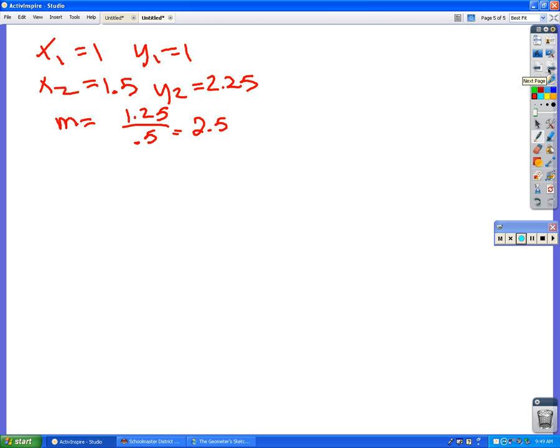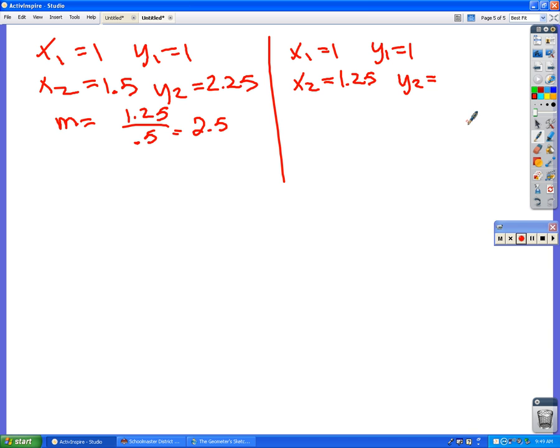All right. Any guesses right now? Early guesses? What our answer is going to be? Anybody want to take a stab? No? All right. Let's keep going. X1 is 1, Y1 is 1, X2 is, let's get closer. Nice. 1.25.